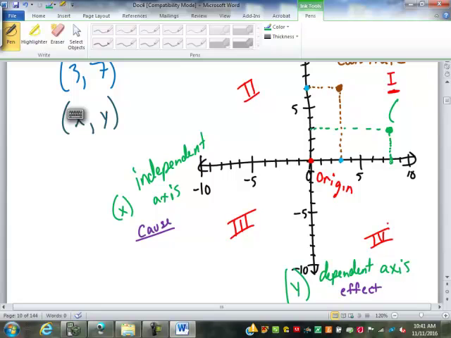What point is it at on the horizontal here? 8. And on the vertical? 3. So that would be 8, 3. This point here. Perfect. On the horizontal, it's at -4. And on the vertical, it's at 6. So -4, comma 6.